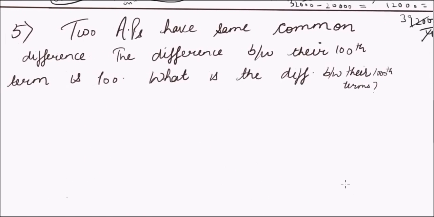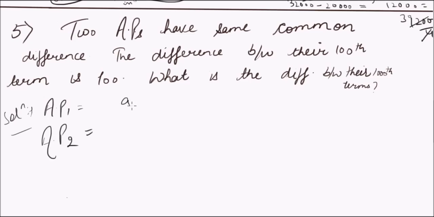The last question says there are two APs having the same common difference. The difference between their 100th term is 100. What is the difference between their 1000th term? Let the first AP be denoted by AP1 and the second AP by AP2.